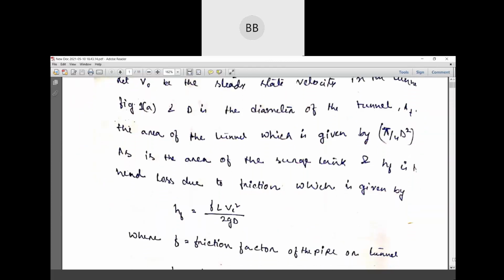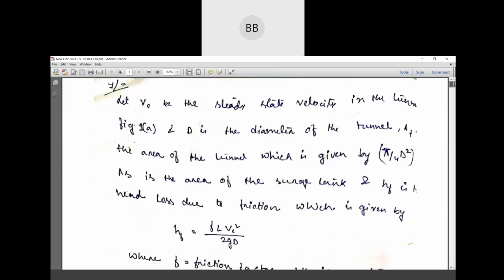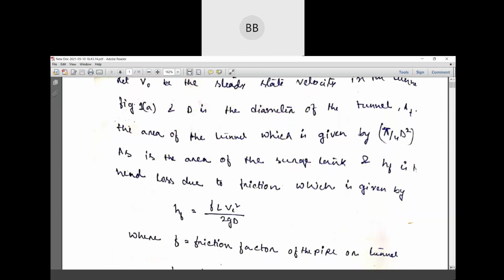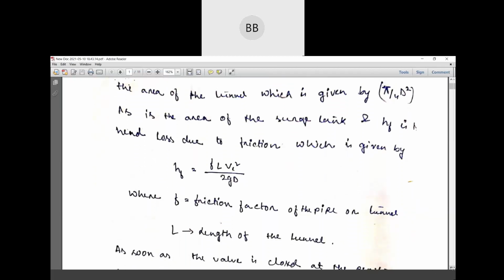Now we are defining the terms. Before we go for the derivation, we should mention what V naught and D are, then only we can use these terms directly. You can write it down here, where f is the friction factor of the pipe or tunnel, and L is the length of the tunnel.